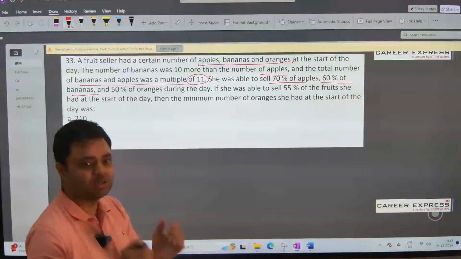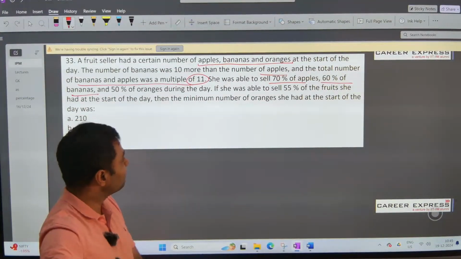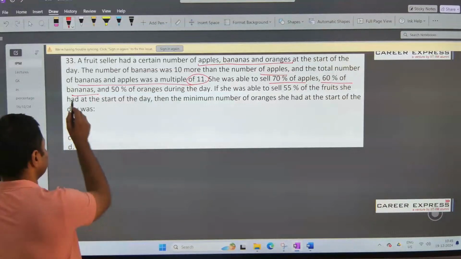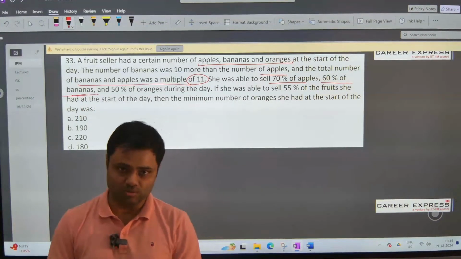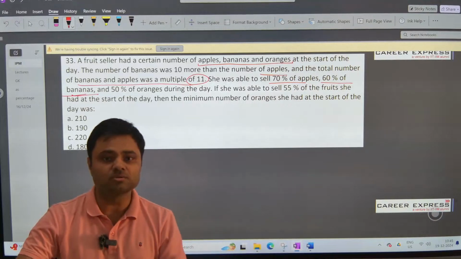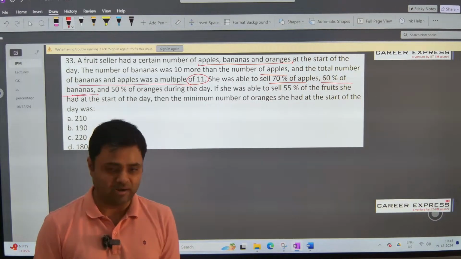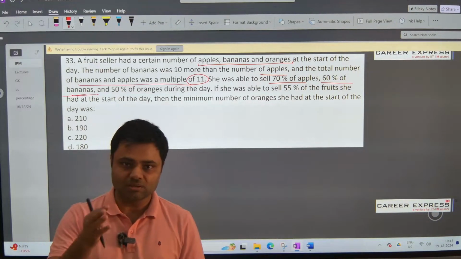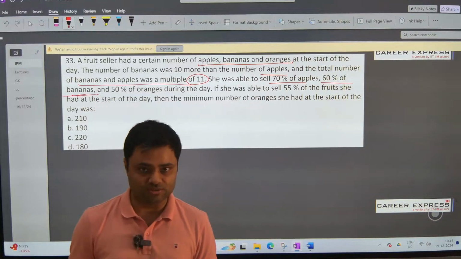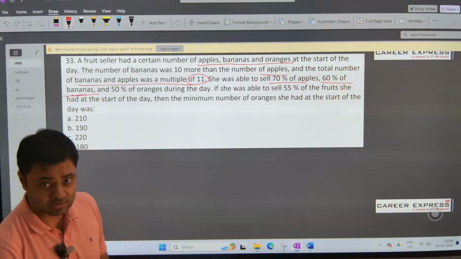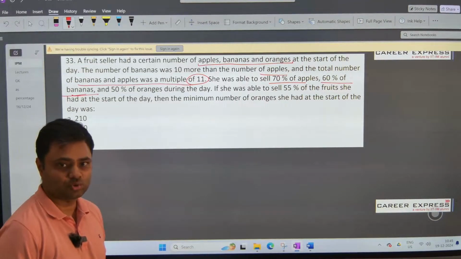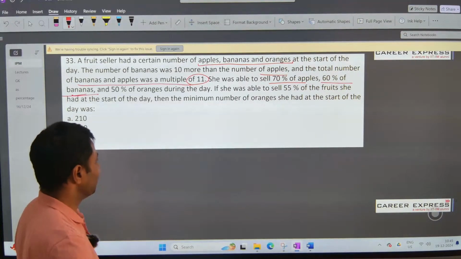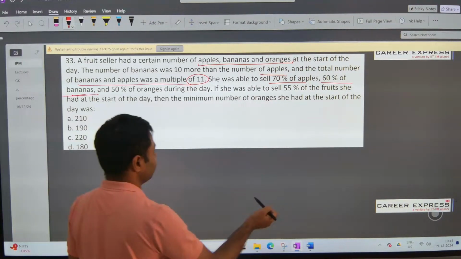When she sells 70% of the apples and 60% of bananas, the number of apples and bananas that were sold or that remained should also be whole numbers, because bananas or apples are not normally sold in fractions or parts. So all the numbers involved in this question should be whole numbers. That is where our assumption comes from.